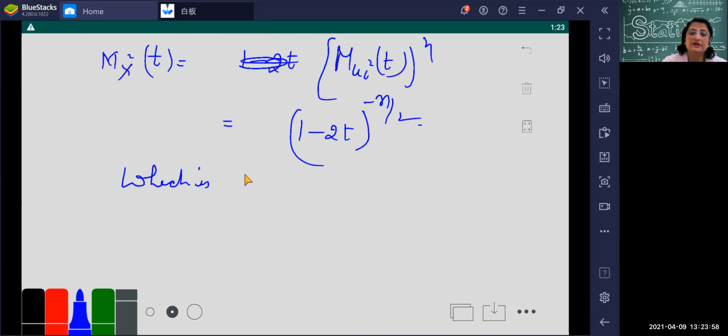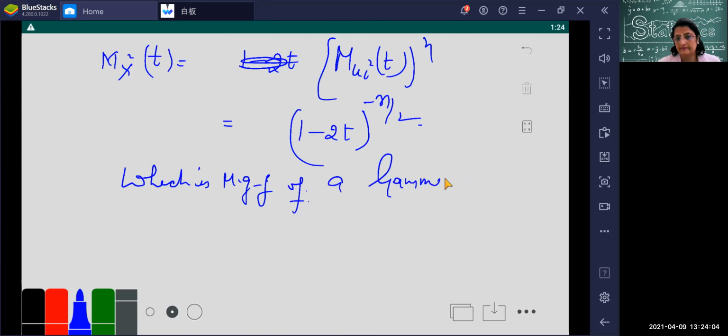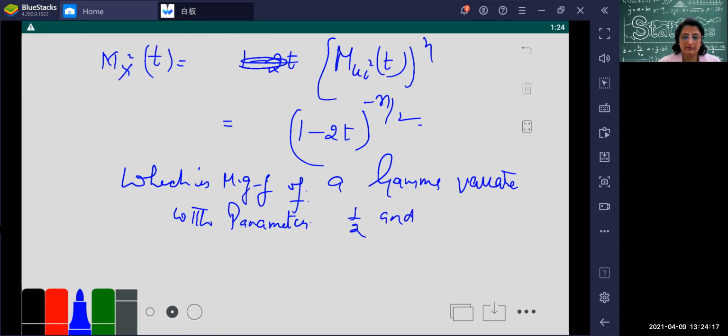Whose MGF is this? This is the MGF of a gamma variate, a gamma variate with parameters 1/2 and n/2.